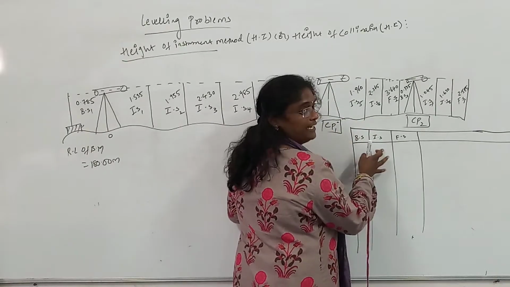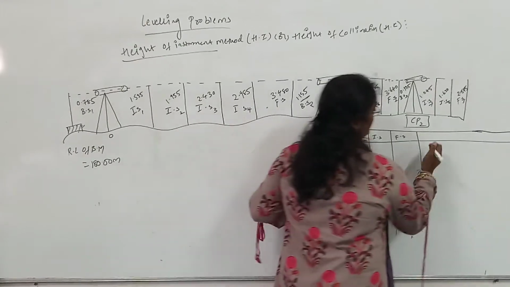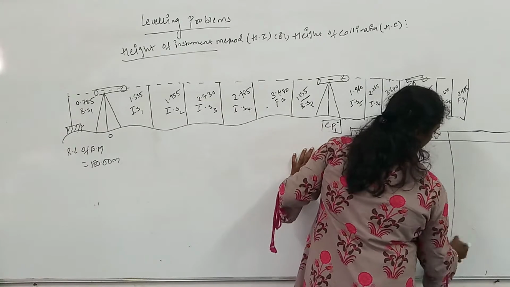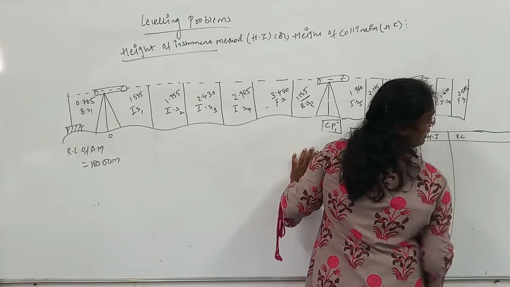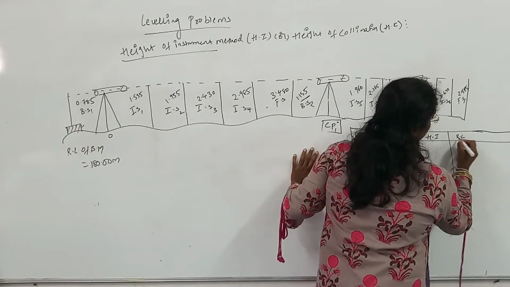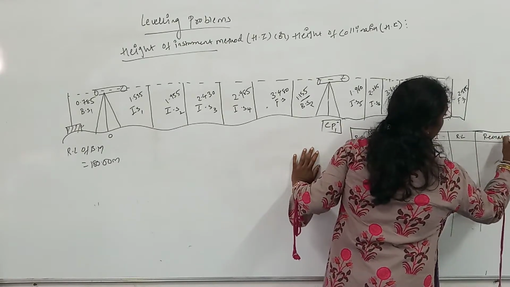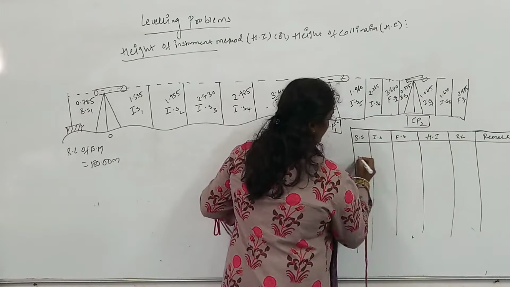Backside, intermediate side, foresight. Next the height of instrument method. Next RL, which means reduced levels. Next, remark if any.